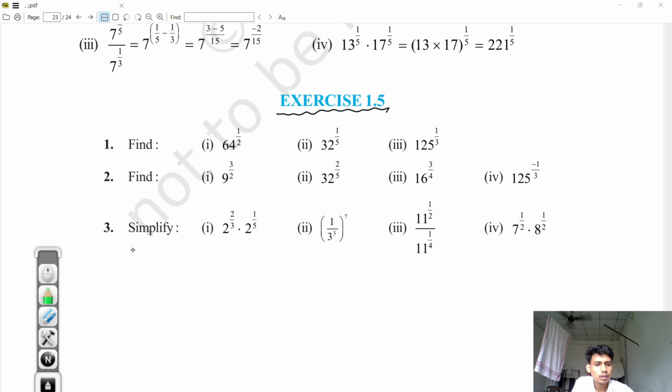Now question number 2 says find 9 to the power 3 by 2, 32 to the power 2 by 5, 16 to the power 3 by 4 and 125 to the power minus 1 by 3. चलिए एक एक करके अब हम सॉल्व करते हैं.